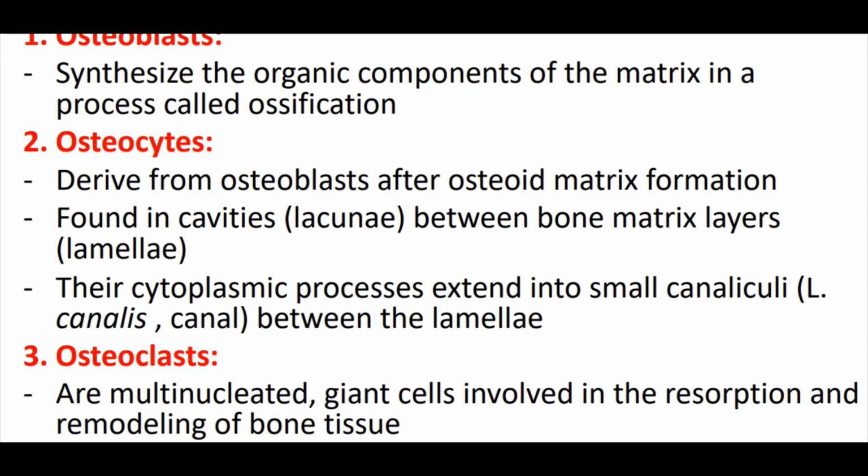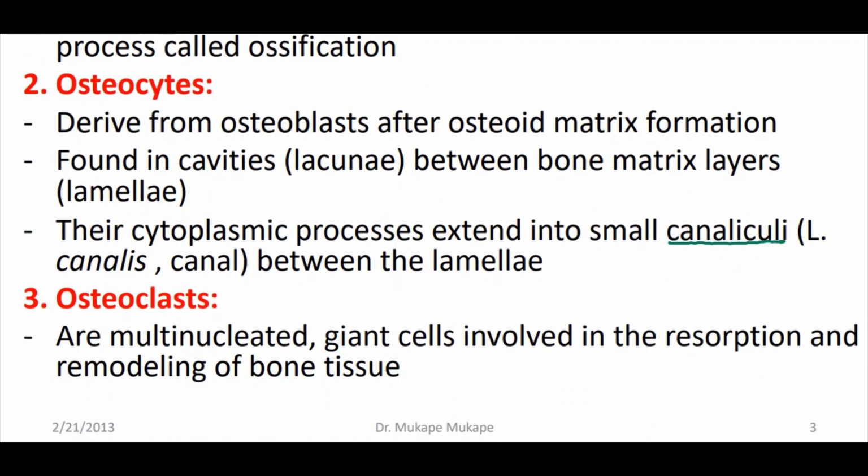Let me just highlight it so that you see. So these are small spaces where the cytoplasmic processes of osteocytes are found. And these are found between lamellae. Lamellae, by definition, are simply concentric collagen type 1 rings that are formed in the lamellar bone.